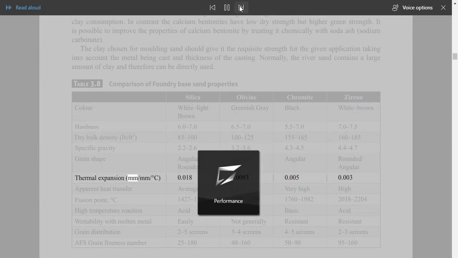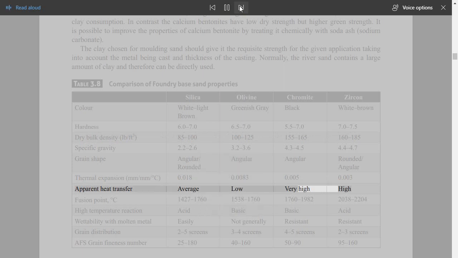Thermal expansion and apparent heat transfer: average, low, very high. Fusion point, degrees C: 1427 to 1760, 1538 to 1760, 1760 to 1982, 2038 to 2204. High temperature reaction: acid, basic, acid. Wettability with molten metal: easily, not generally, resistant. Grain distribution: 2 to 5 screens, 3 to 4 screens, 4 to 5 screens, 2 to 3 screens AFS.